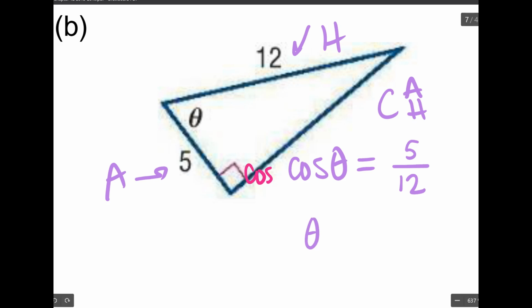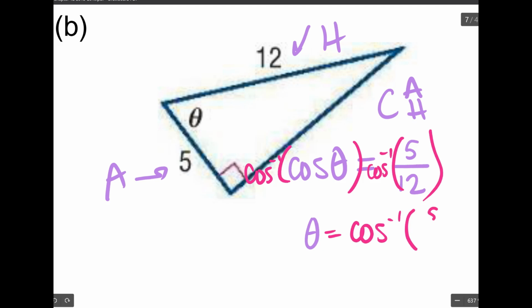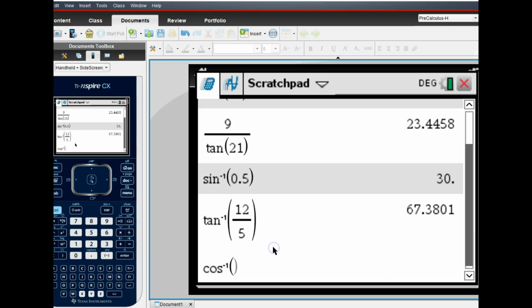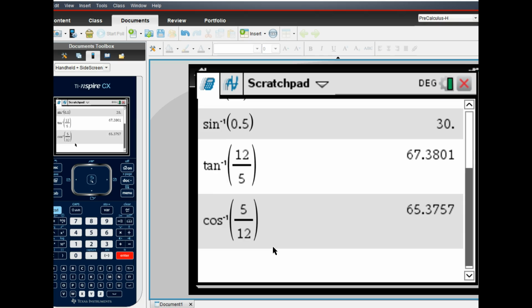So the angle is going to be cosine inverse of 5 over 12. Trig, cosine inverse, 5 divided by 12 equals 65 degrees, because I'm rounding to the nearest degree.